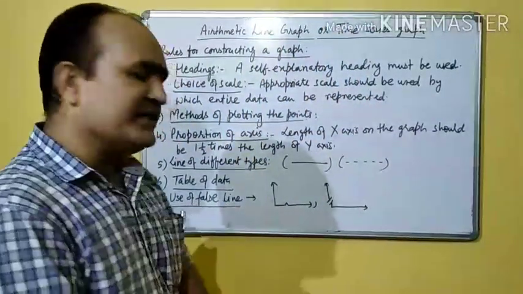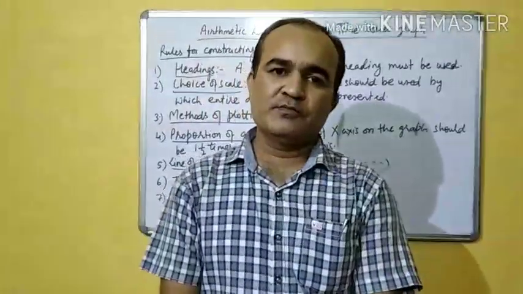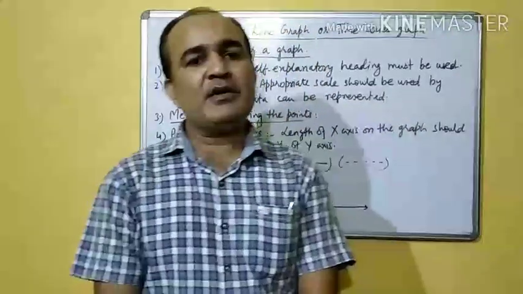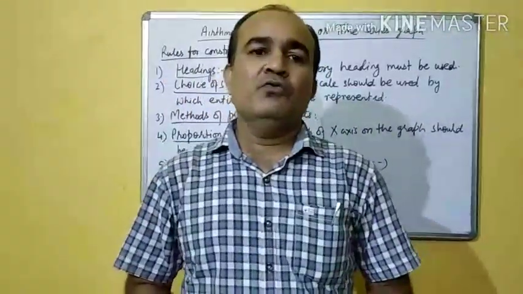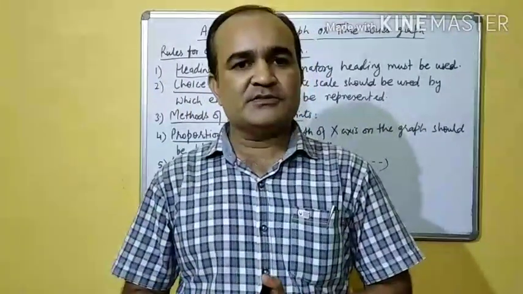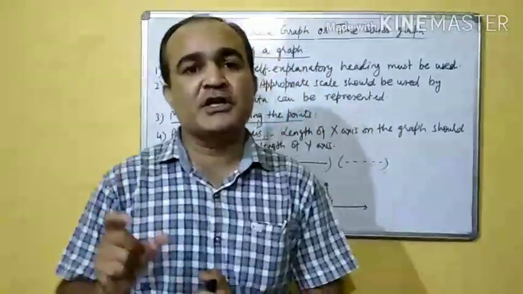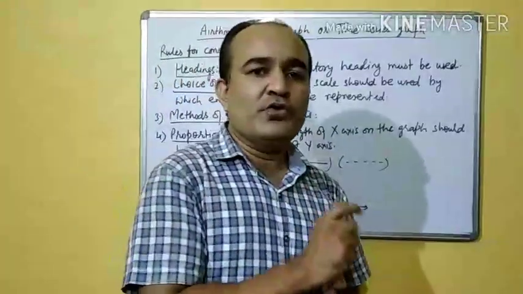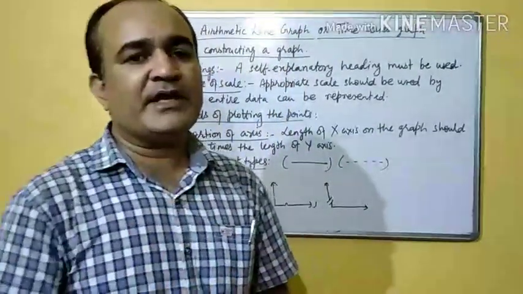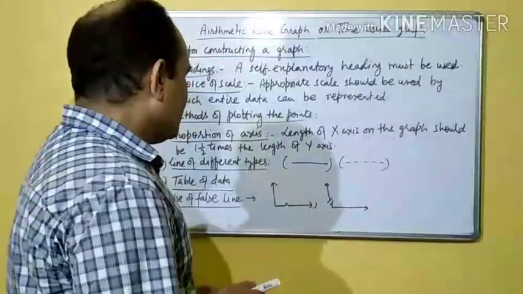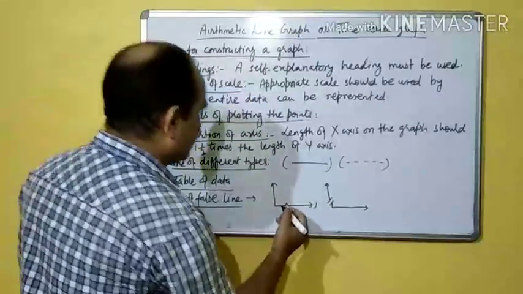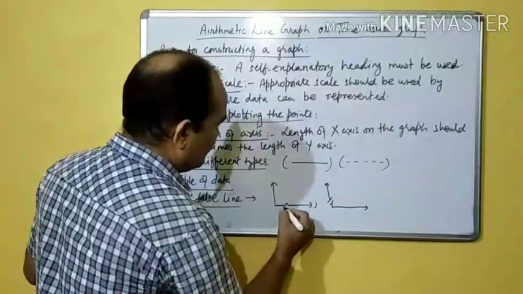Use of false lines. Suppose you have data which are very large in size, and there is a big difference between the smallest data and origin or zero. In that case we can use false lines like I have drawn here.